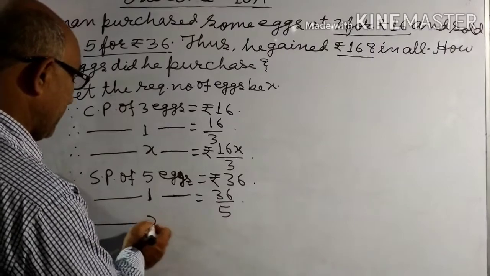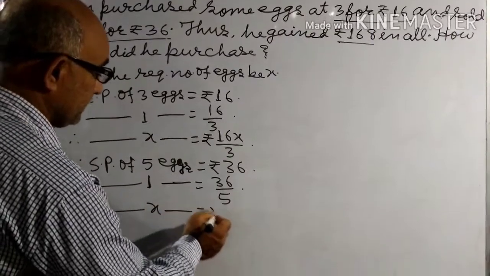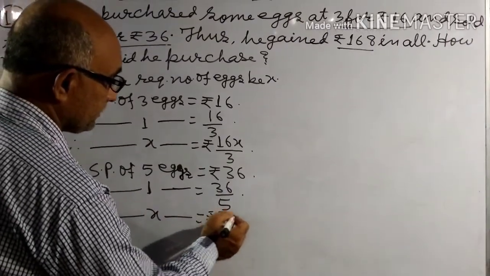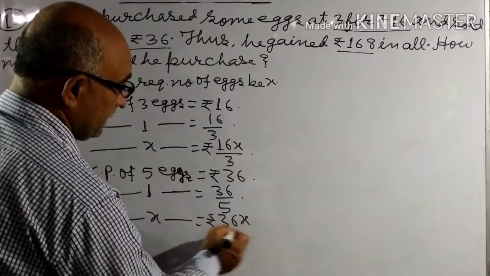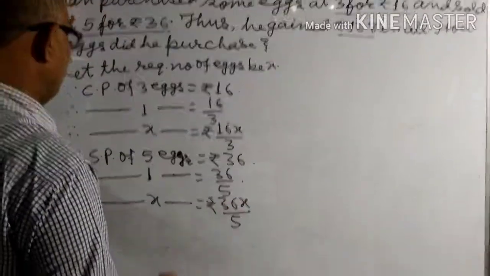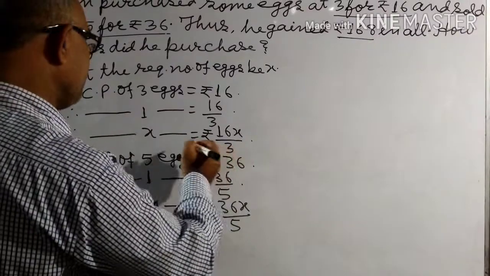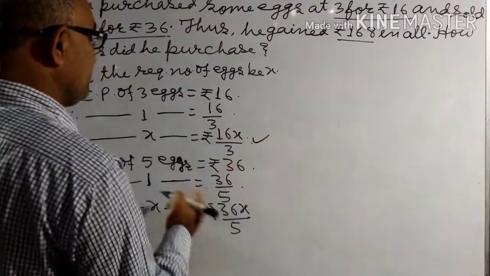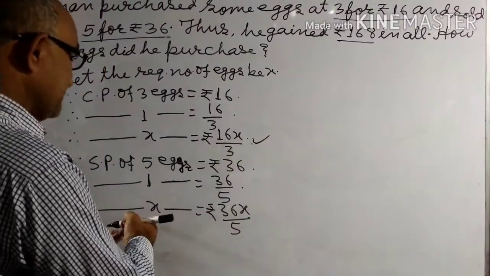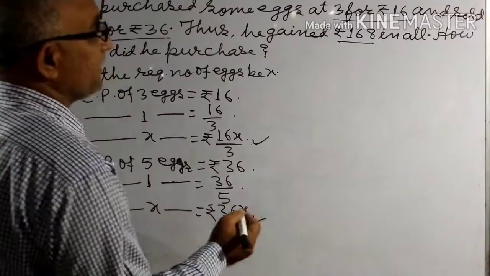Therefore, SP of x eggs is rupees 36x by 5.